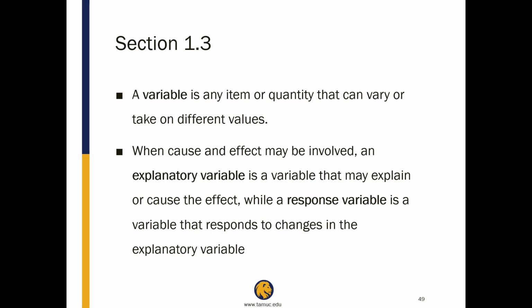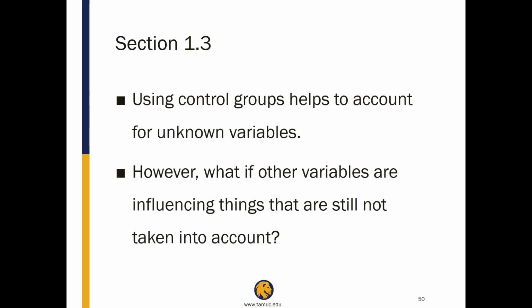Now, talking again about these experiments, it's very tricky at times to figure out how to construct things in the best way. But we know for sure that using control groups is necessary to help account for the unknown variables, things that could be there that we're not controlling for. However, what if there are other variables influencing things that are not taken into account?